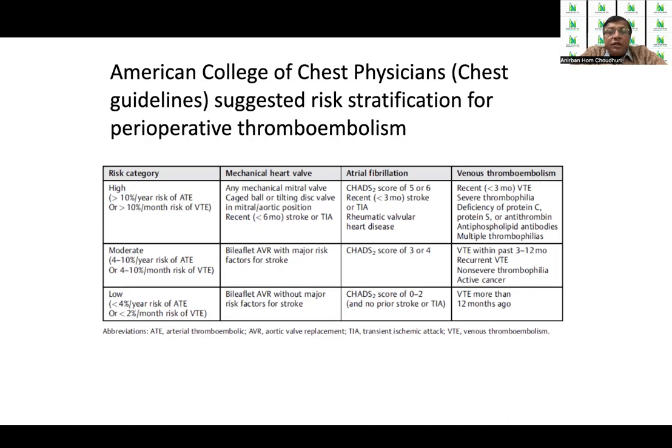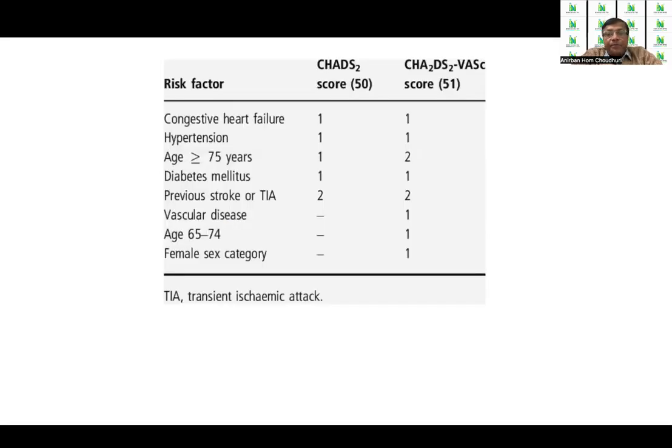A CHADS2 score of 0 to 2 for atrial fibrillation with no prior stroke or TIA is low risk. And from the venous thromboembolism perspective, if the venous thromboembolism was more than 12 months ago, then the risk is considered to be low. Now, this is a very useful and a very logarithmic way of identifying the risk category of the patient.